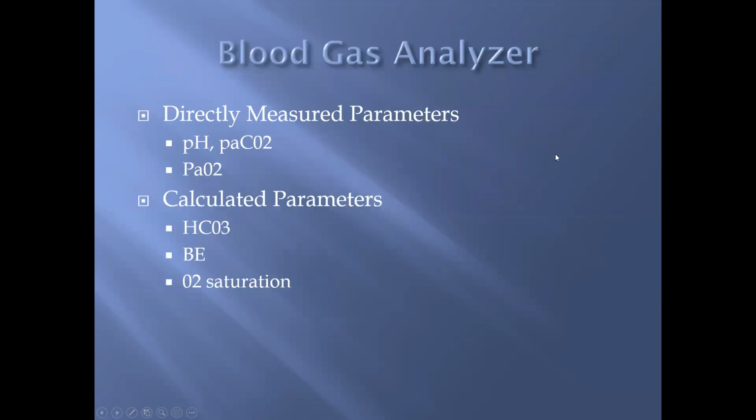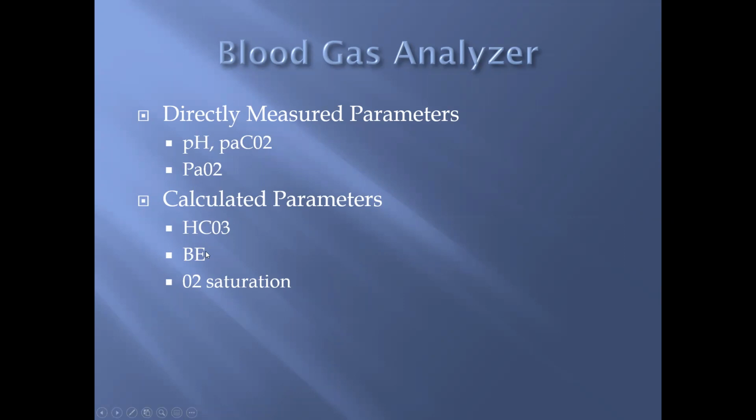When you get values from the blood gas machine, some of them are directly measured, such as the pH, the CO2, and the PaO2. So you've got an electrode in there that's directly measuring those three things. Everything else, I need to explain. So the bicarbonate, calculated.